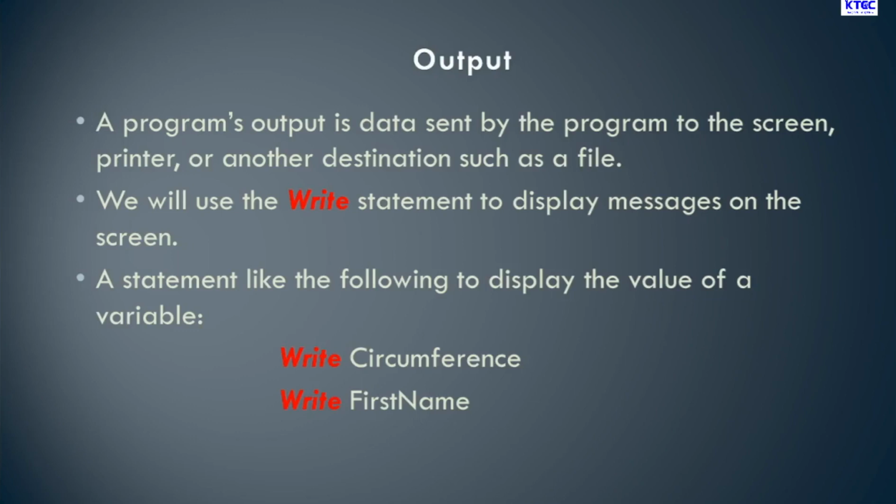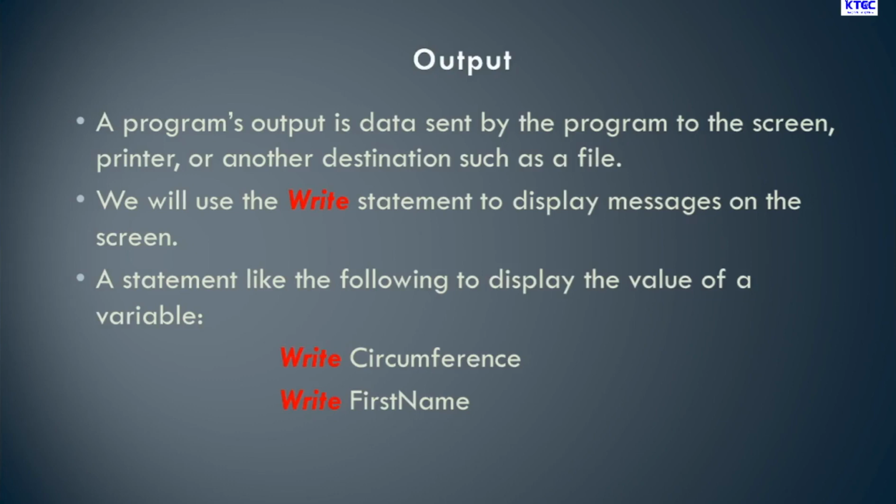We will use the write statement to display a message on the screen. Whenever we want to display something for the user to see, we say write, or we can use display. It means display this for the user to see. For example, our perimeter: after taking the length and width as input, you process it, and the user has to see something.